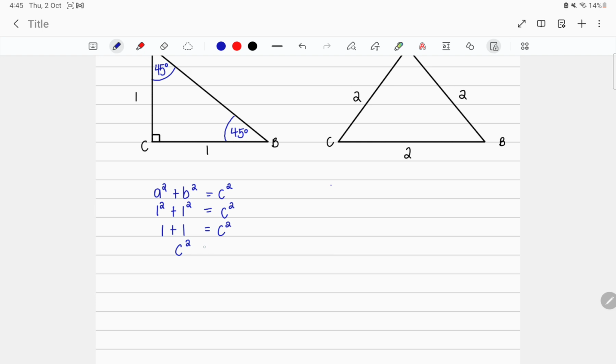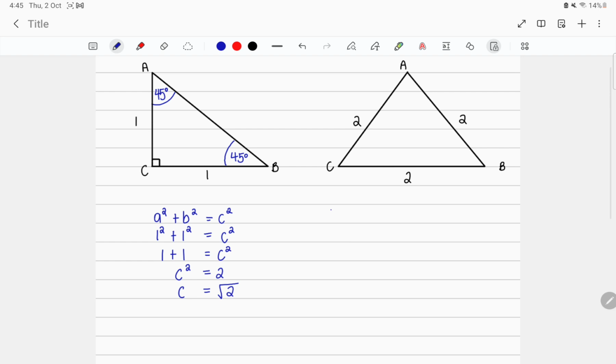So c squared is equal to 2, which means that c, the length of the hypotenuse, is the square root of 2. Because we want to keep our answer exact, we're going to keep it as square root of 2. We won't work out what square root of 2 is. So the length of the third side, I'm going to call it square root of 2.